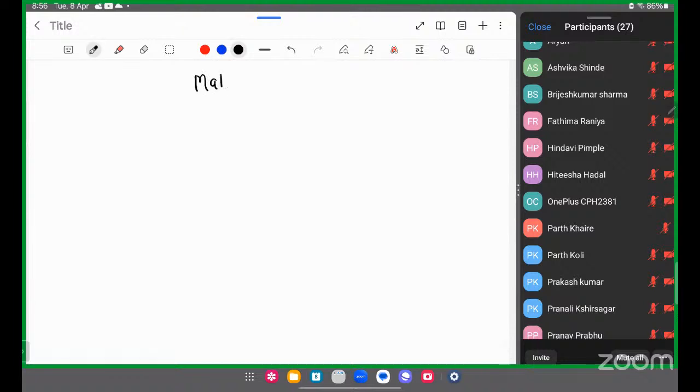In maths, we are doing determinants. And in determinants, I think some of the properties of determinants have been completed. Okay, so we have done three properties.